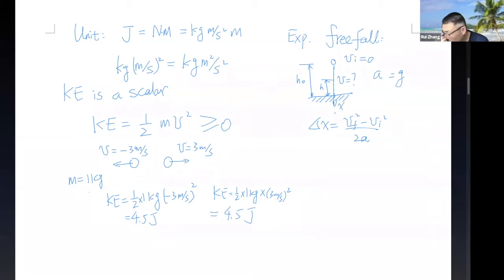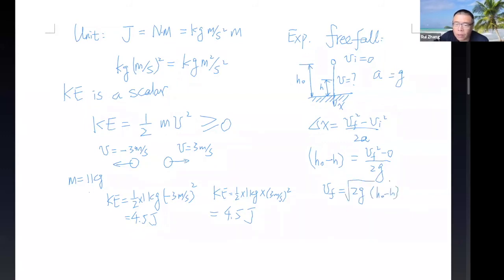The displacement, going down being positive, would just equal h naught minus h. Plugging this in, we get vf equals the square root of 2g times (h naught minus h).